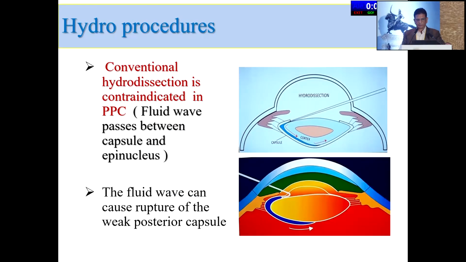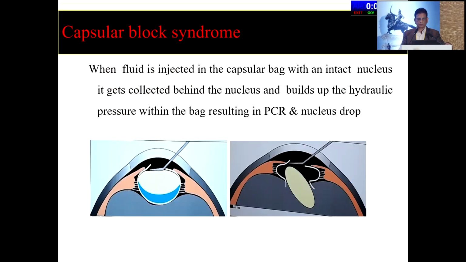In hydro procedures, what happens particularly in hydrodissection? We inject the fluid in between the capsule and the nucleus. So there is a chance of nucleus block. I mean to say more hydraulic pressure is in between the already weak posterior capsule and the nucleus, and the chances of PCR are more.